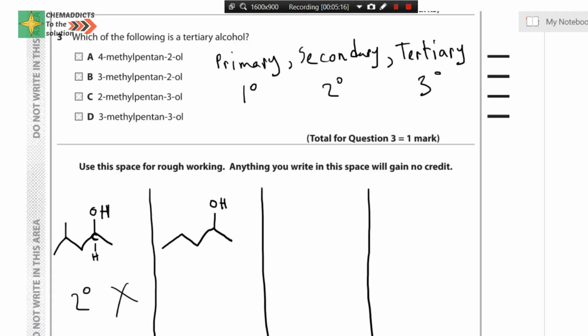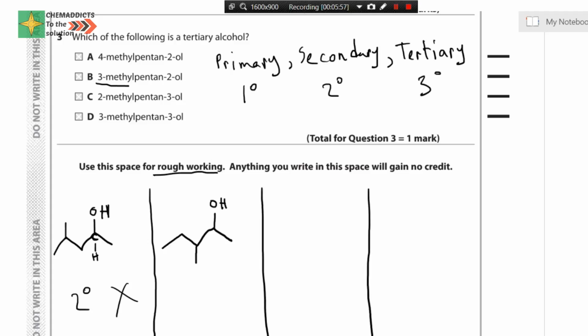And 3-methyl, since this is 3-methyl, the methyl group should be attached to the third carbon. This is how we're going to draw the skeletal formula. As you can see, the skeletal formula is much easier to draw. Full structures are time consuming, so in order to deal with questions like this, we use the skeletal formula in the rough working, since it is much more effective. It saves time, saves marks.